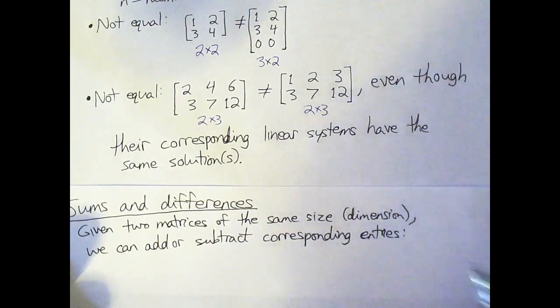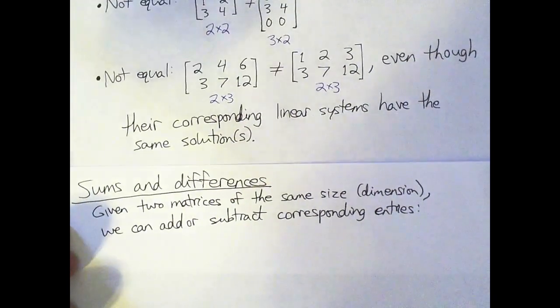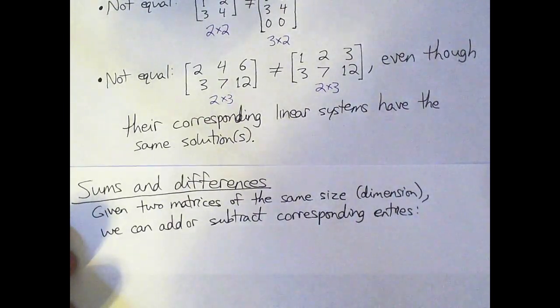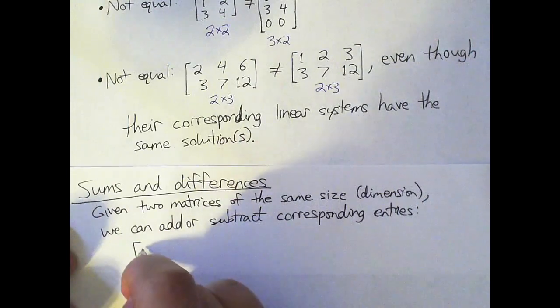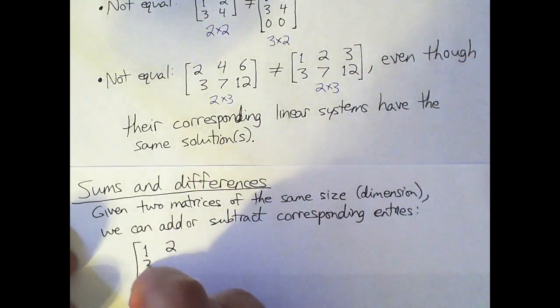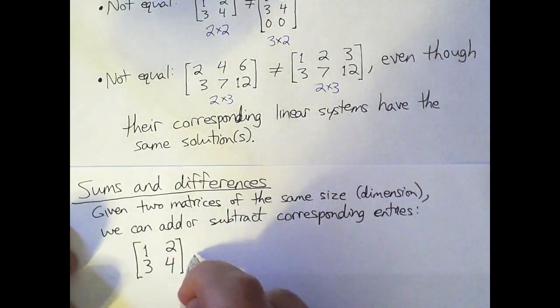So add or subtract corresponding entries. I'll show you some examples. Let's do one example of each. I'll do an example of adding two matrices, and I'll do an example of subtracting.